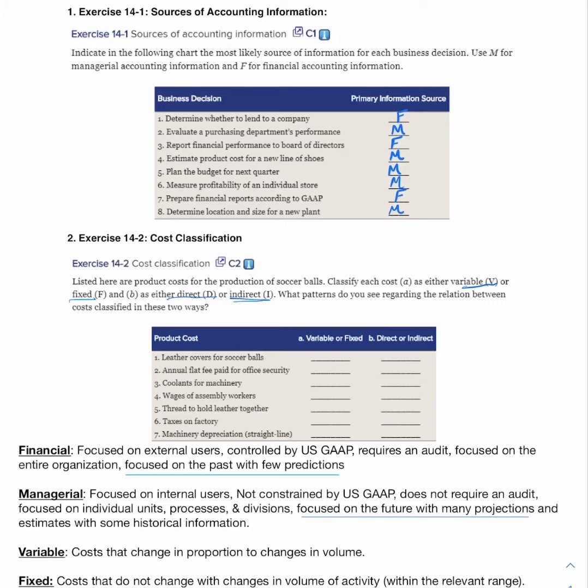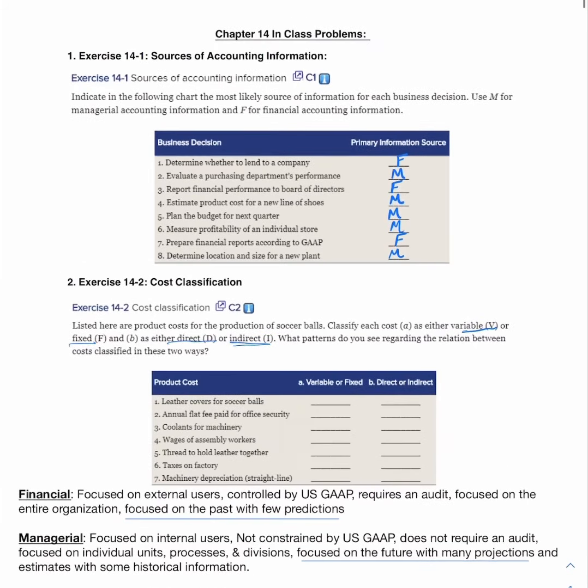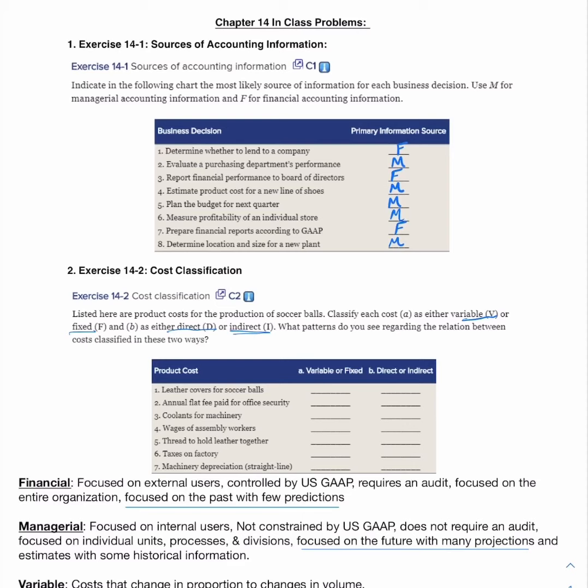So you may have heard about fixed and variable costs in the past, and that is fantastic if you have. But I do want to take just a second to review them with you. So variable costs are going to be costs that change in proportion to changes in volume. As you produce more basketball goals, you will need more materials to build the rim, to build the backboard, to build all the different pieces.